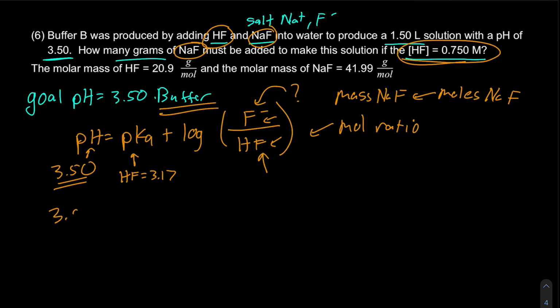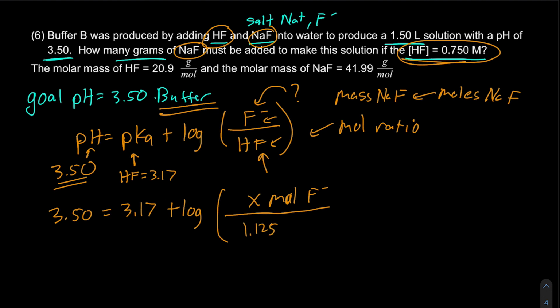So again, we have our pH of 3.50 equals our pKa 3.17, plus the log of, we're going to call it X moles of F-, over 1.125 moles of HF. And again, we used our volume and our molarity to find out what our number of moles of HF we have.